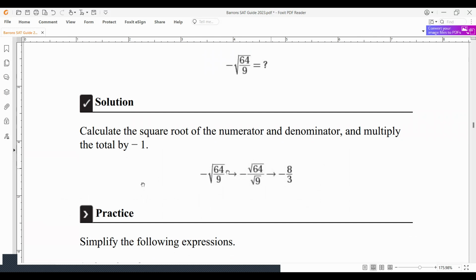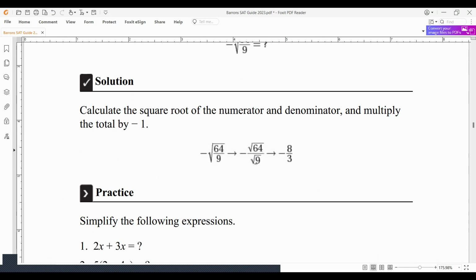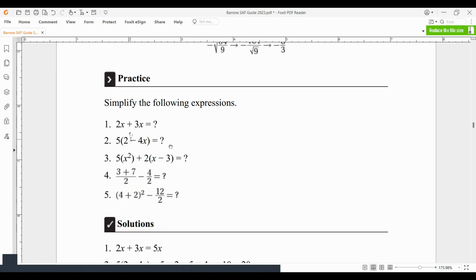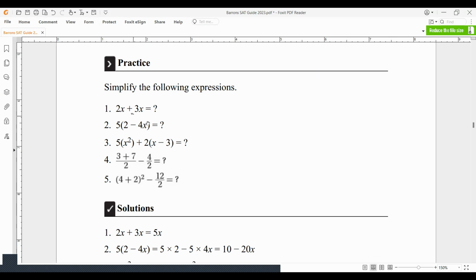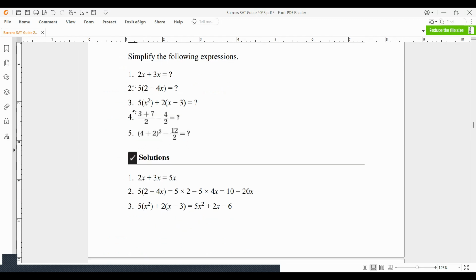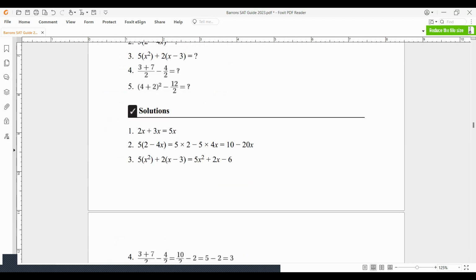There are some rules you will automatically know after you solve some problems, and you can go through these examples. I don't think these would take any longer than necessary.